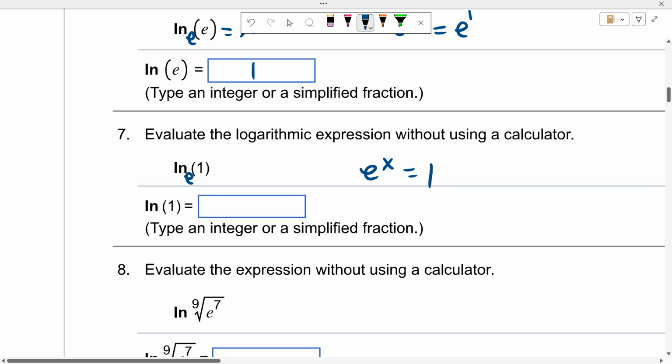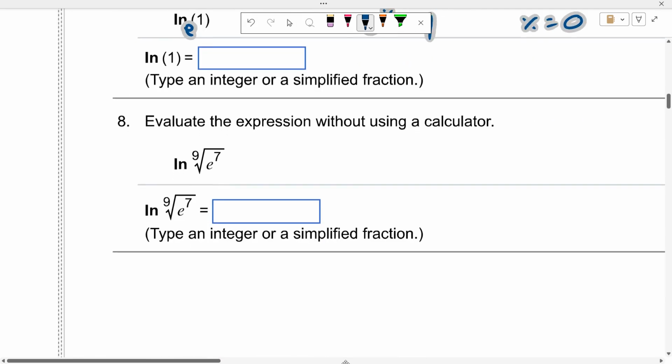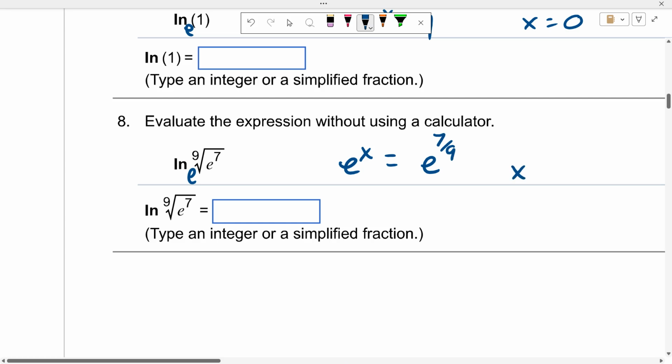What does x have to be? 0. Anything to the 0 power is 1. E is the base of a natural log. E to the x equals e to the, what power is that? 7/9. So obviously x equals 7/9.